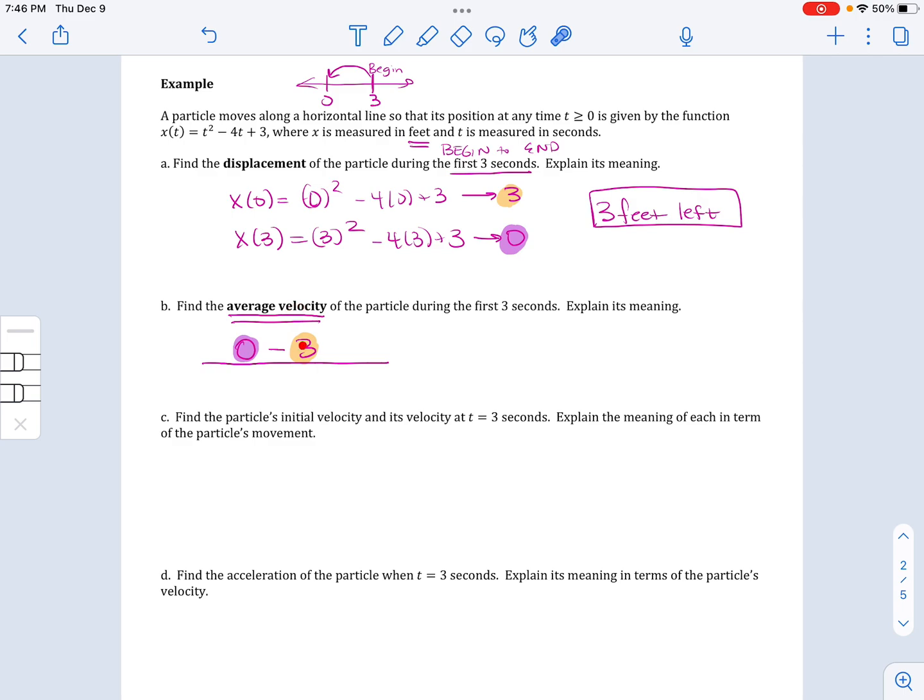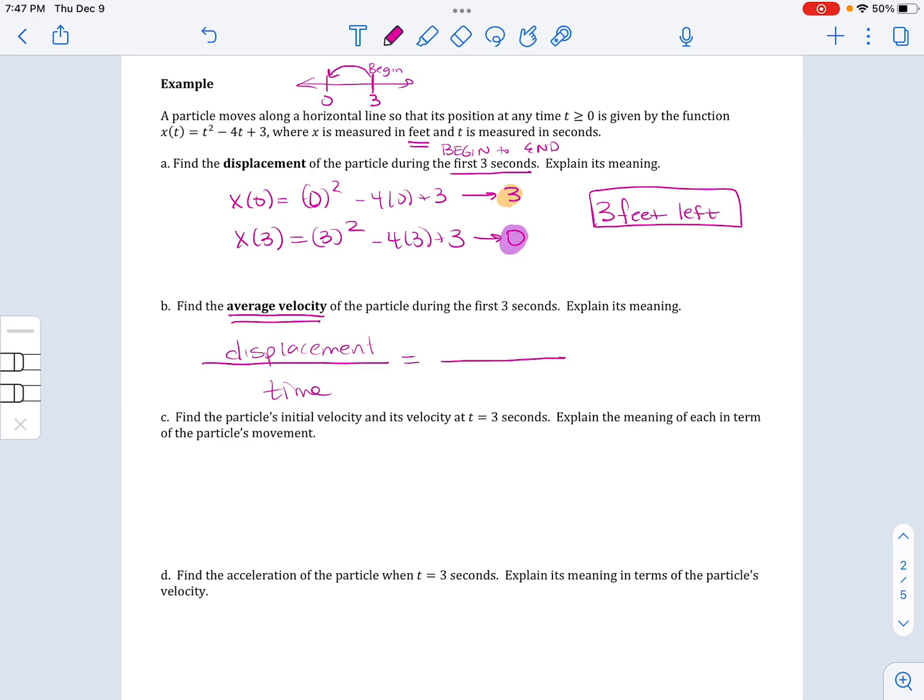And again, we're talking about average velocity, so we're just talking about the distance between these two and how far apart they are. So it might actually be easier if we do the displacement over time. Average velocity is how much change occurred in what time span.